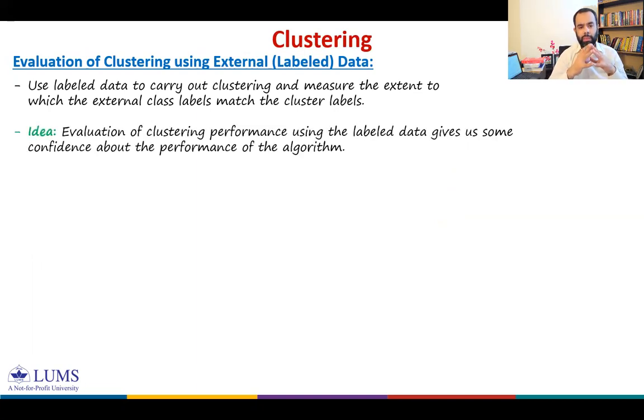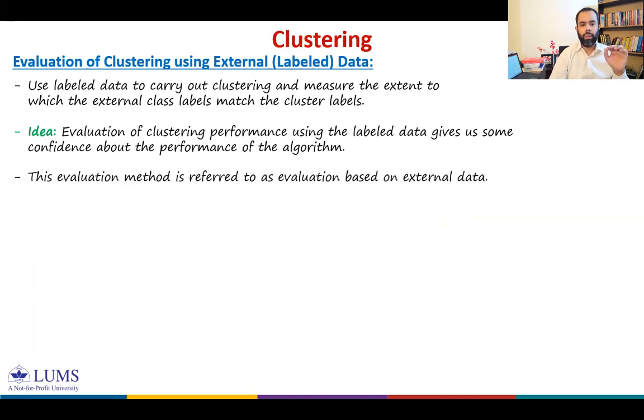So evaluation of clustering performance using the label data gives us some confidence about the performance of the algorithm on the unlabeled data. So this evaluation method is referred to as evaluation based on external data, because we're using external data, label data, to evaluate the performance of the clustering algorithm.